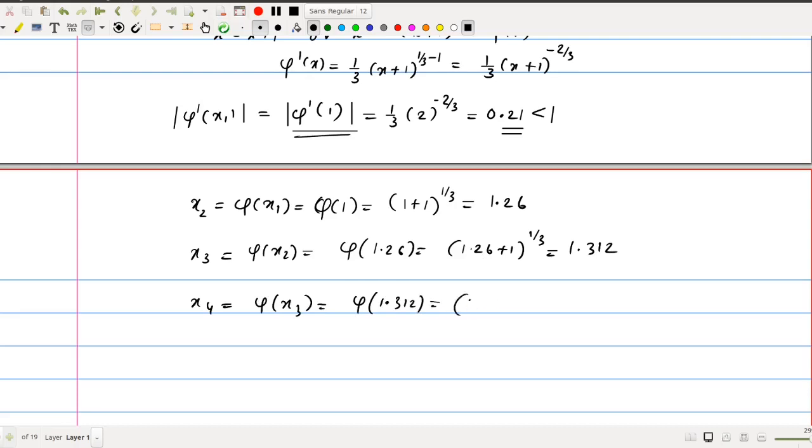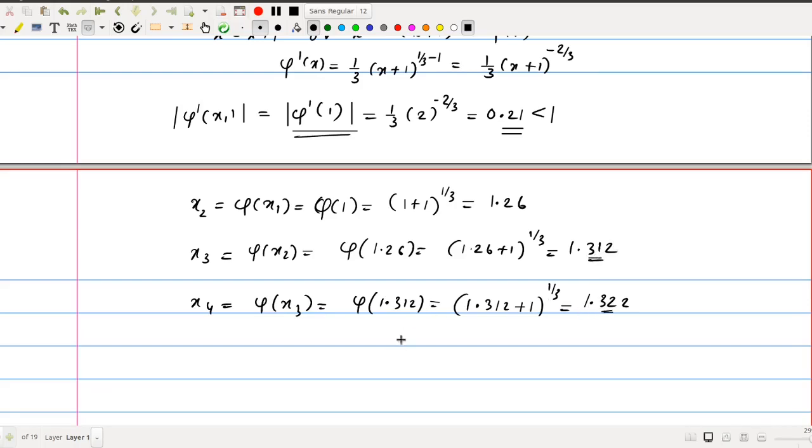So using a calculator, evaluate 1.312 plus 1 whole to the power 1 by 3. That will be 1.322. Observe these two places: by rounding off to two decimal places, this is 1.31, this is 1.32.